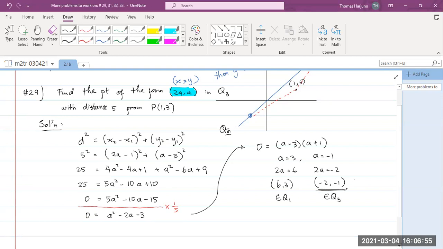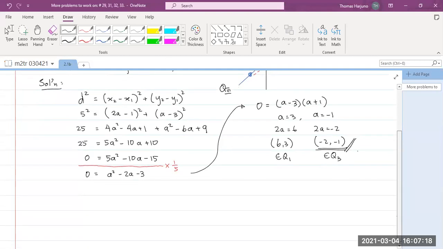That's the one we use. Okay, so you see it's actually flowing, right? As long as you set it up right. I write the distance formula first, and then I plug in numbers, right? That's number 29.